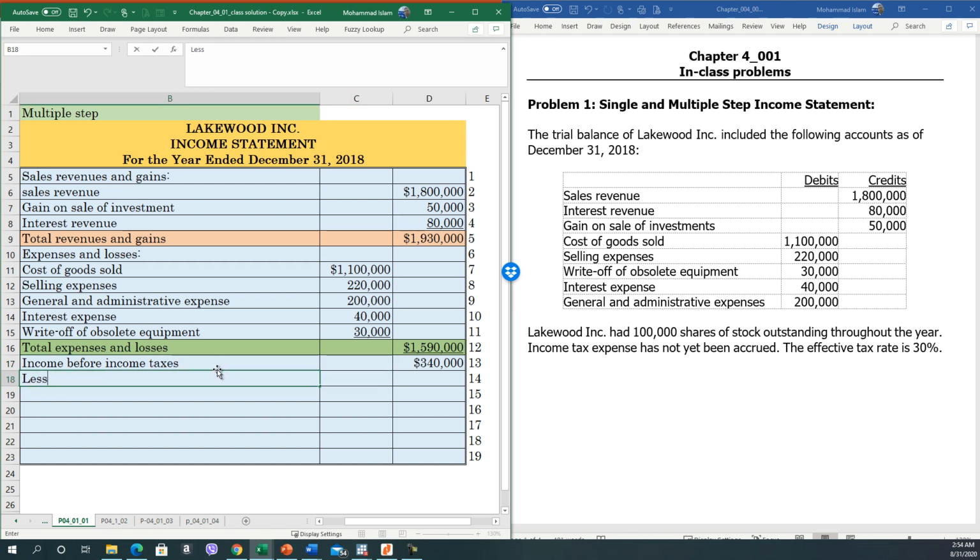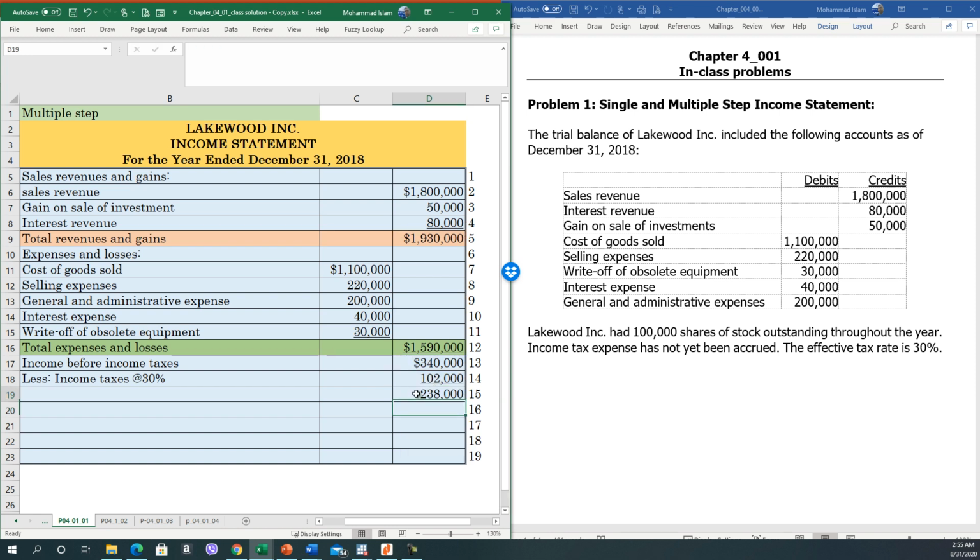And now, less income taxes, and the rate given is 30%. So it should be equal to this one multiplied by 0.3. This one is our income tax. Our income before income taxes is D17, and the tax is D18, so D17 minus D18.